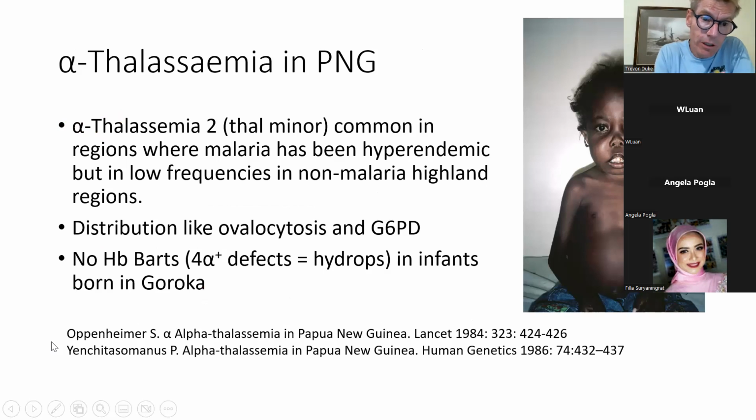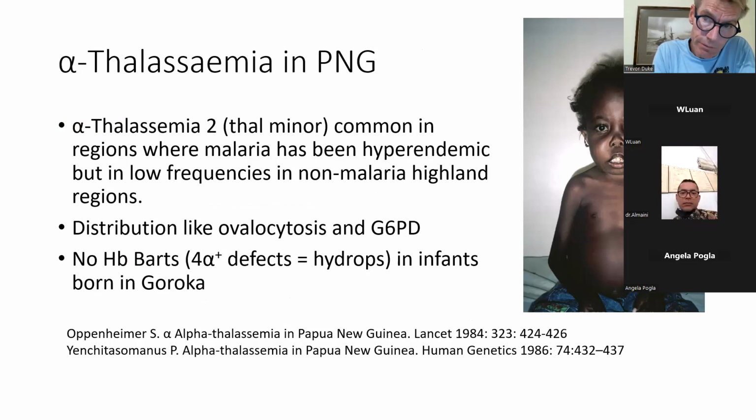Alpha thalassemia is quite common in Papua New Guinea, as I mentioned, where malaria is hyperendemic, especially on the north coast, where malaria has been hyperendemic for many generations. Then alpha thalassemia is very common, and usually it manifests as thalassemia minor, but of course it sometimes manifests as thalassemia major, like this boy here.